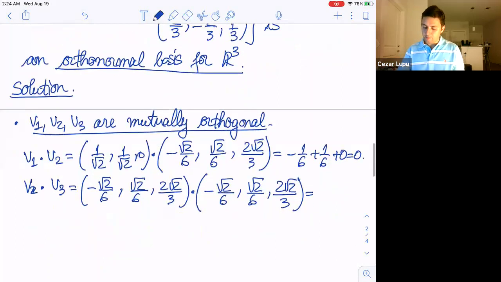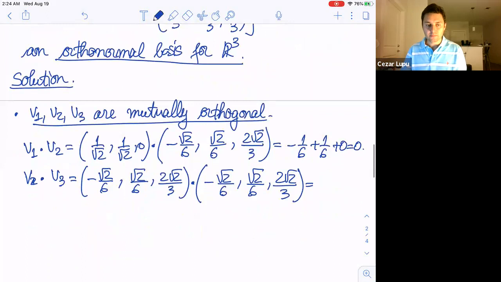Okay, again, if we do the computations, this will give us negative square root of 2 over 9 minus square root of 2 over 9 plus 2 square root of 2 over 9. And guess what?